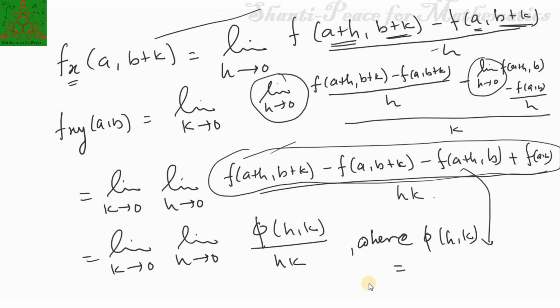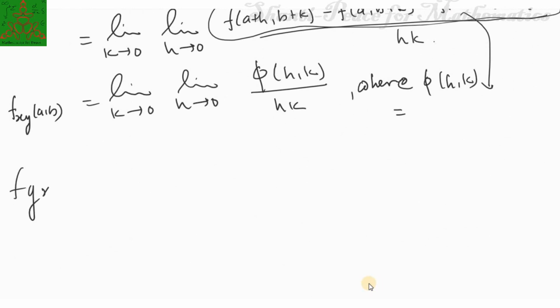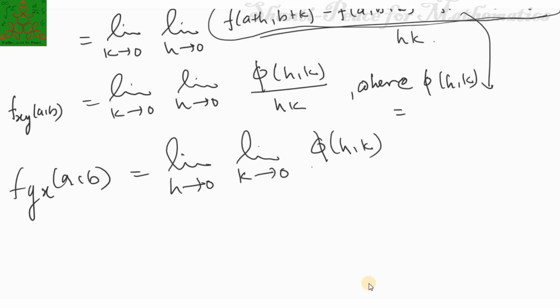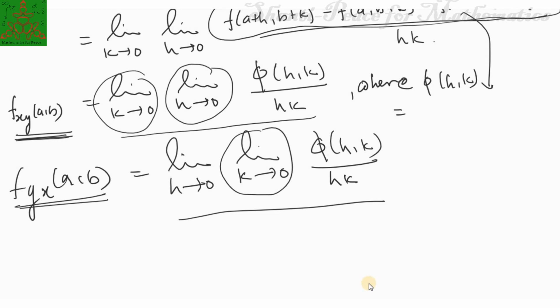Now, this quantity is f_xy at point (a,b). Similarly, what is f_yx at point (a,b)? One can give a similar argument and write this as the limit as h tends to 0, limit as k tends to 0, of phi of hk upon hk. Thus, f_xy at (a,b) and f_yx at (a,b) are repeated limits of this expression, because here we are applying h first and then k, and there we are applying k first and then h.